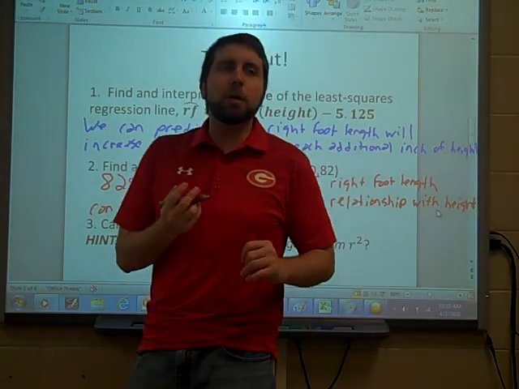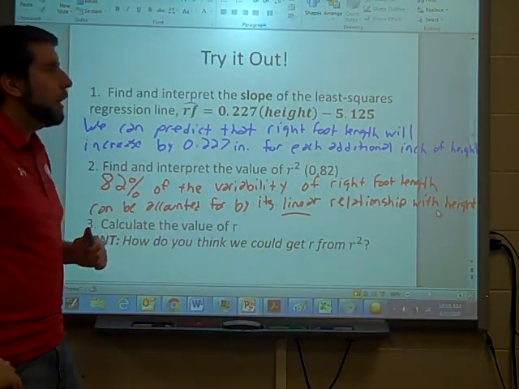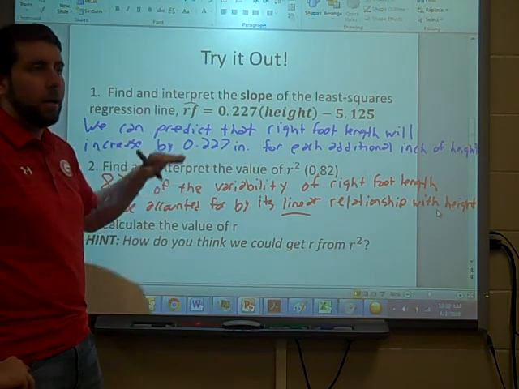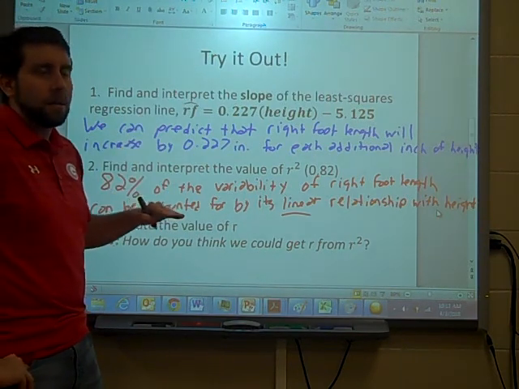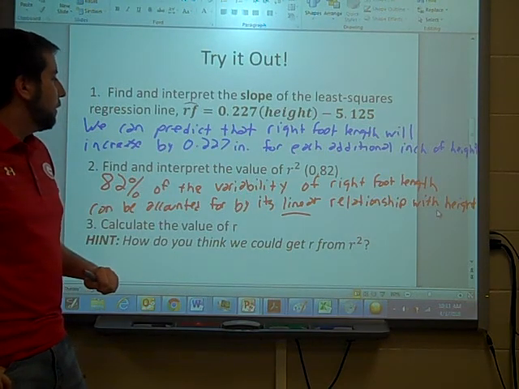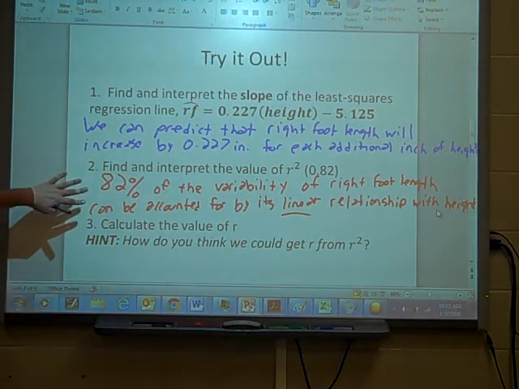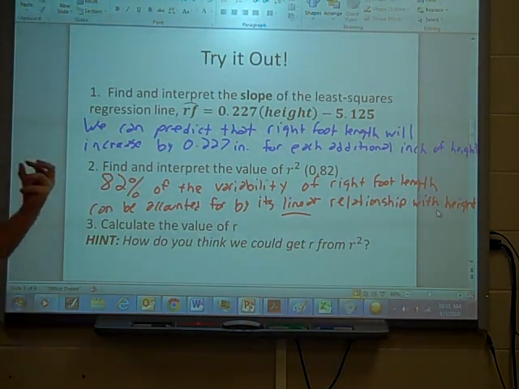We were able to reduce it by 82% by making the least squares regression line, which means 82% of that variability can be basically eliminated or accounted for by its linear relationship with x. So this is how you would phrase it. Again, I'll cover this again in notes, but this is what r squared is. That's what it tells us.